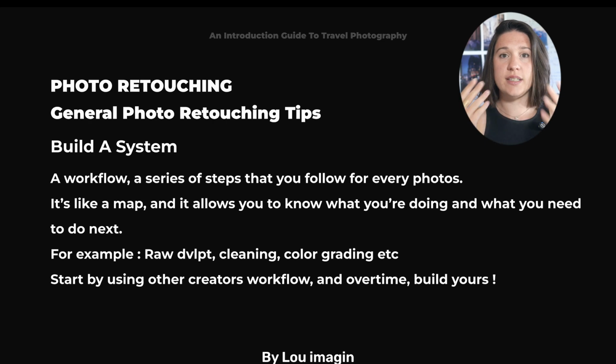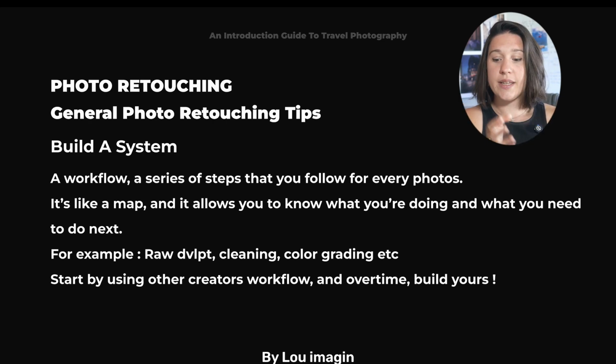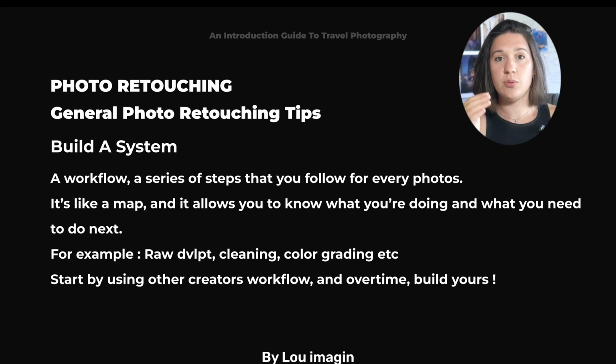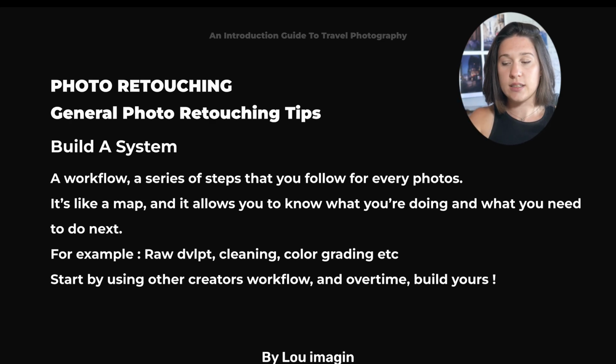So every photo is different, but the workflow remains the same. So start by using other creators' workflows, and over time build yours with your favorite techniques. That way you have a clean edit and you know what you have to do next.